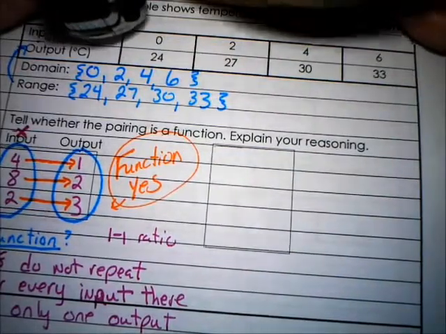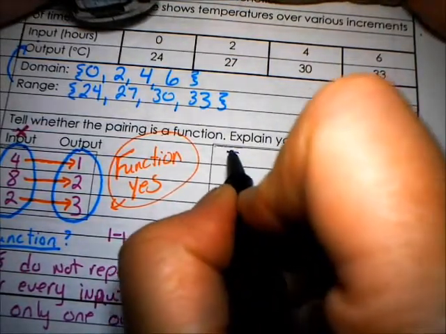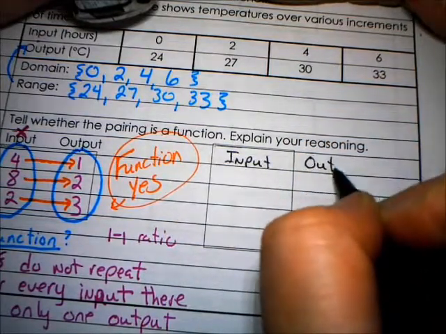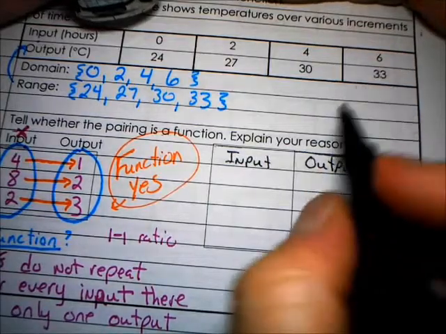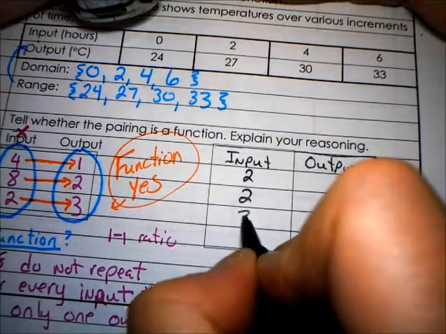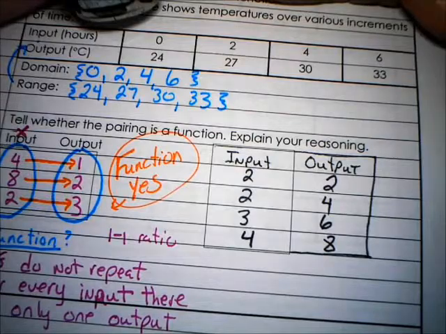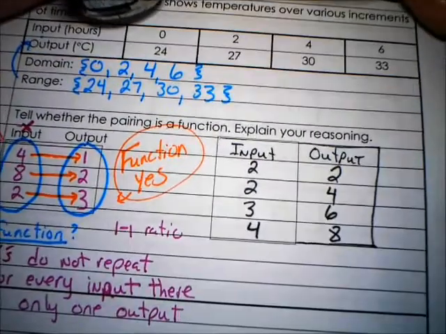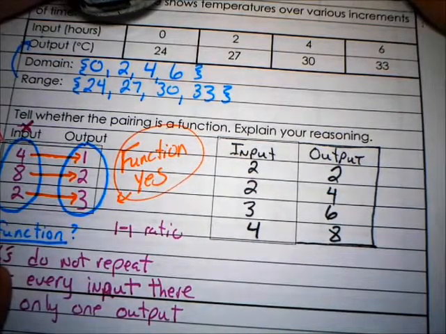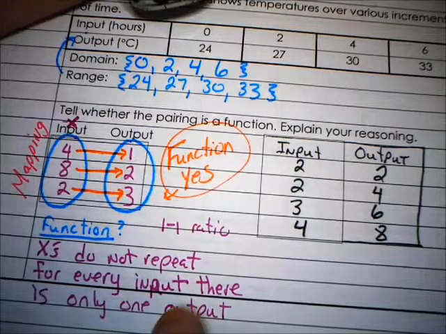Alright, if I look at my second example that I'll fill in, oops, sorry, I have the word input at the top and output. I have a 2, 2, a 3, and a 4. On the output side I have a 2, 4, 6, and an 8. Now if I'm looking at this, remember a function, my x's do not repeat, and that means that for every input there is exactly one output.